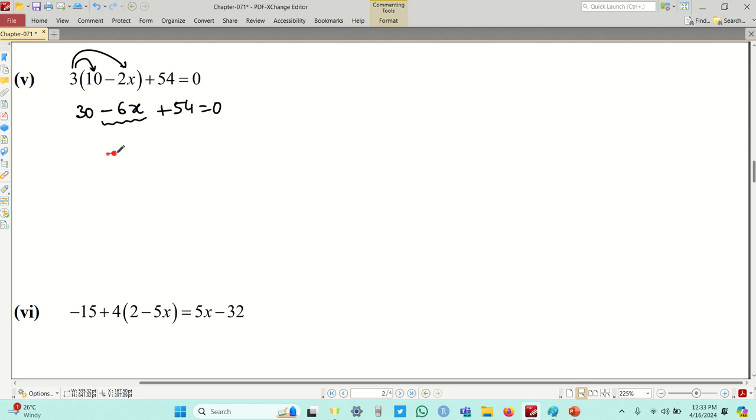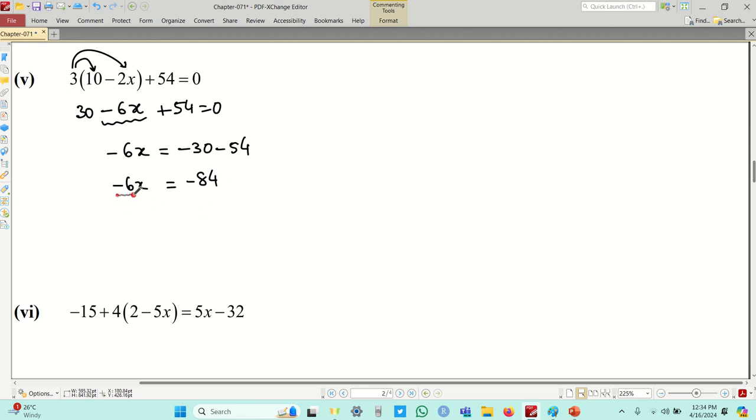Only one variable term, minus 6x. What about the 30? On the right side it will be minus 30, and plus 54 will be minus 54. So minus 6x is equal to minus 30 minus 54. It will come minus 84.